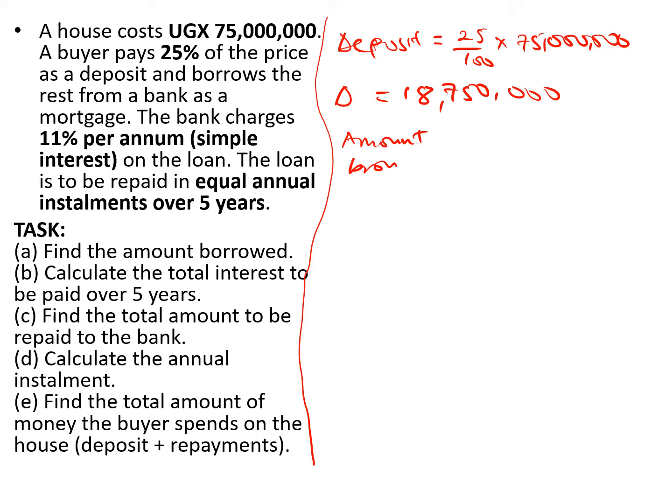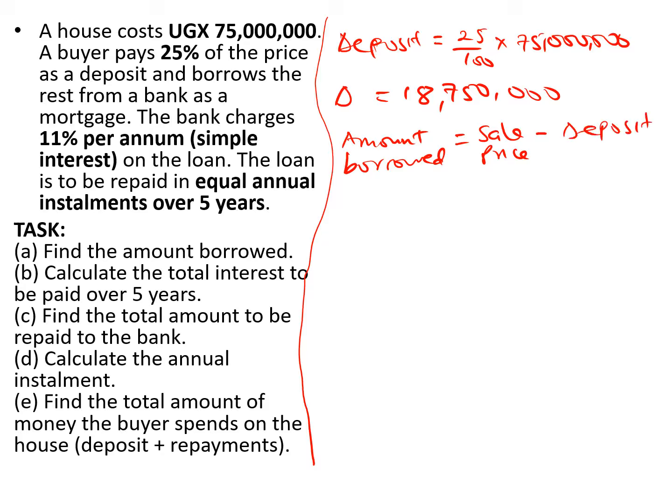Amount borrowed. So it will be sale price minus deposit.